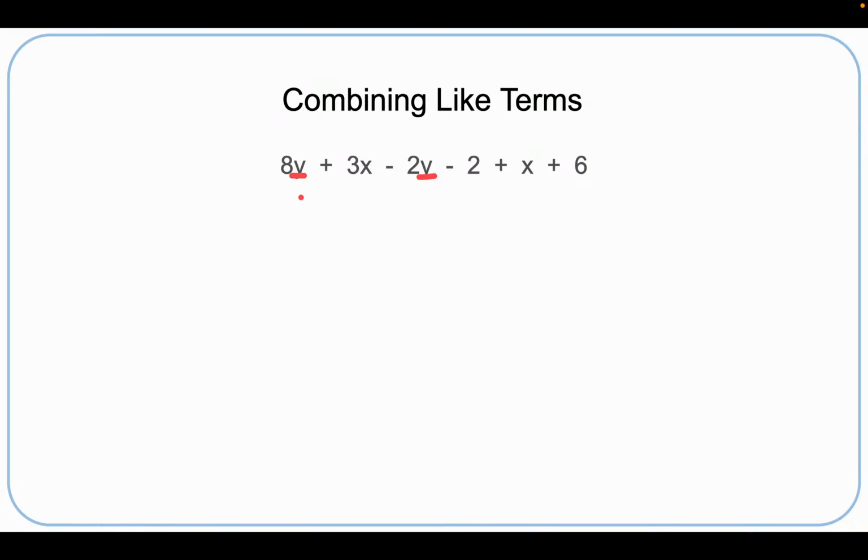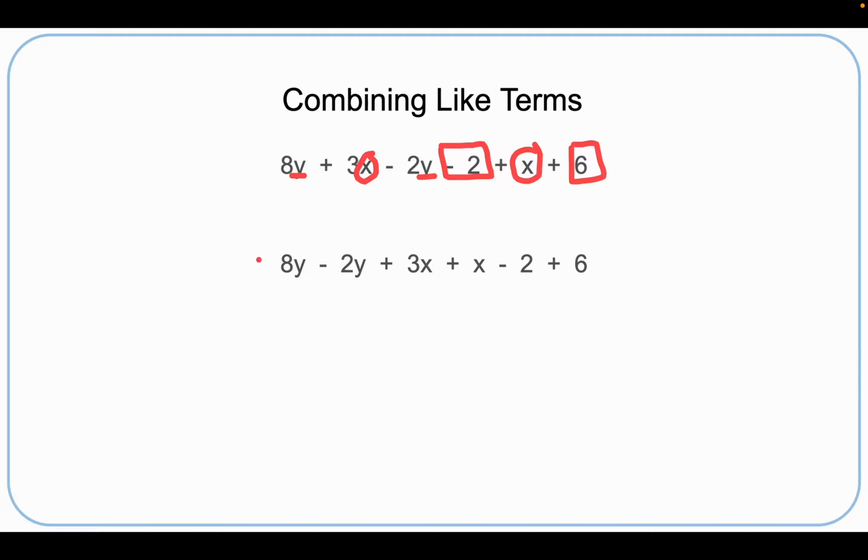And then 3x and this x right here are going to be like terms because they have the same variable attached to them. And then of course our -2 is a constant and our 6 is a constant. So those are like terms because they're both constants. They do not have a variable attached to them.